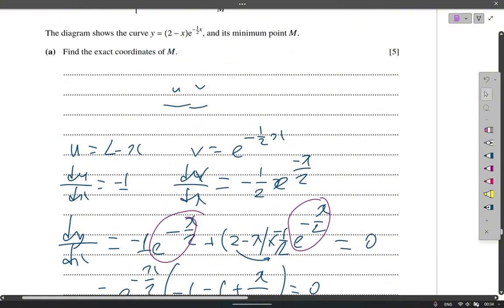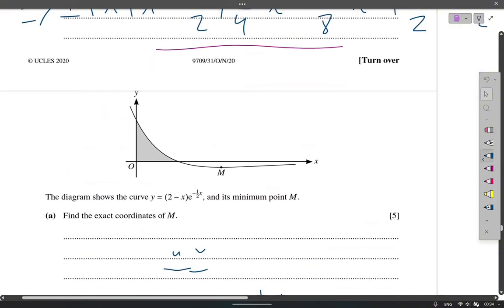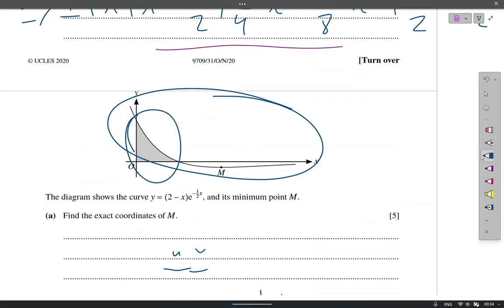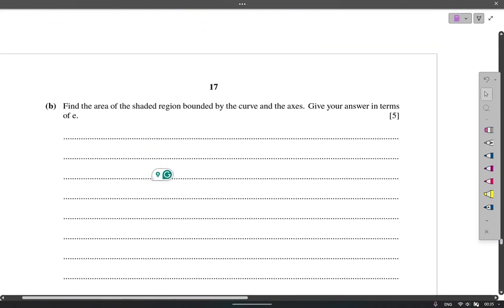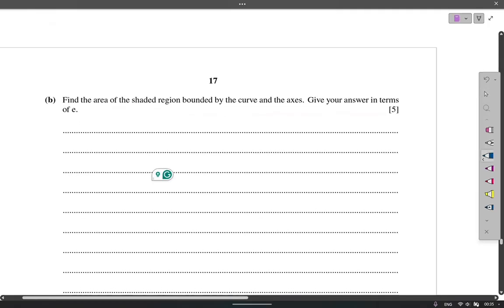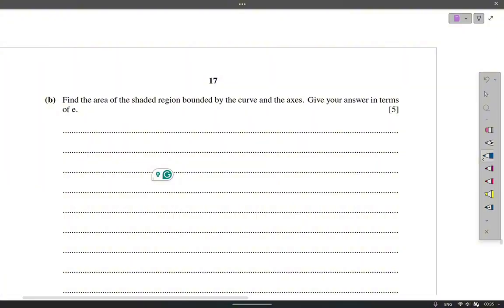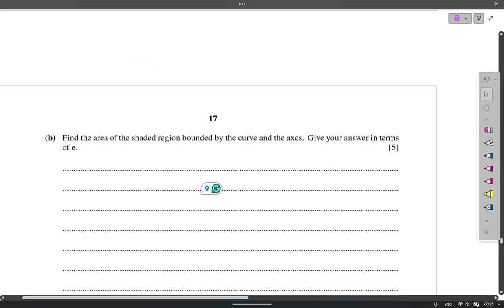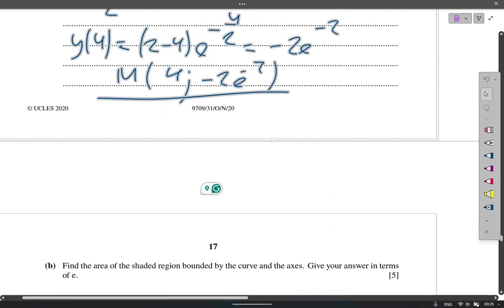So let's see the curve, and here we have to find the value. Which means we have to first find the intersection here, to do definite integration.